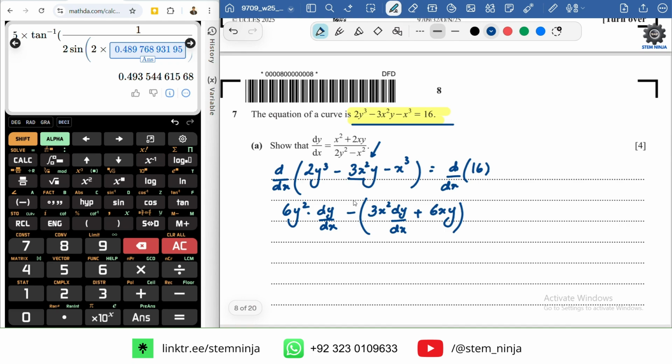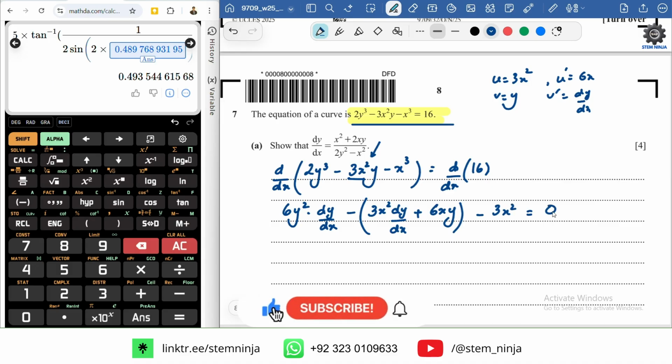So this time, like 3x squared, you can use u as 3x squared, u prime would be 6x, v is y, so v prime is dy by dx. That's exactly what we did over here. And minus 3x squared equal to 0. You can distribute the minus inside.